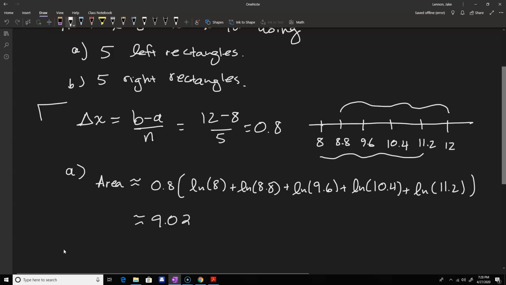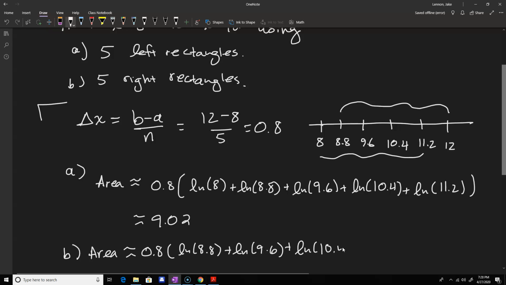So then B is going to be no different, except we are going to be starting not at 8, but at 8.8, and instead of finishing at 11.2, we'll finish at 12. So we get 0.8 times natural log of 8.8 plus natural log of 9.6 plus natural log of 10.4 plus the natural log of 11.2 plus the natural log of 12, and that's it.